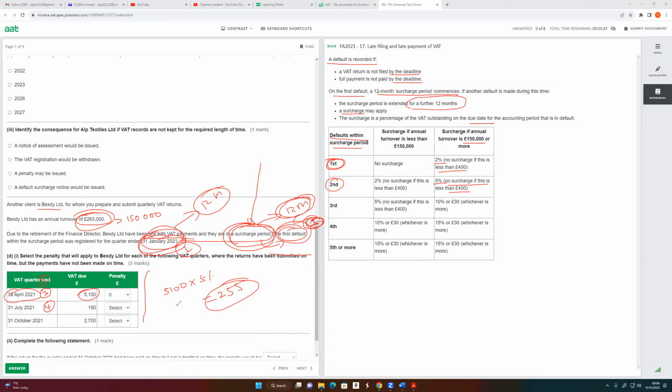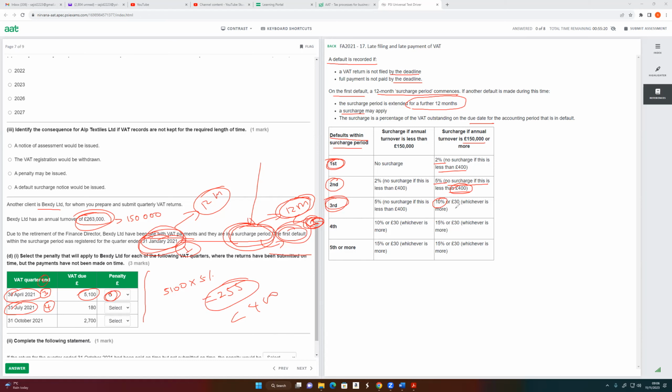So if they give us 255, we cannot take it because if it is less than 400, we ignore that. So it's less than 400, and we said we'll make it 0. We don't have to put any penalty for that. That's my second default.